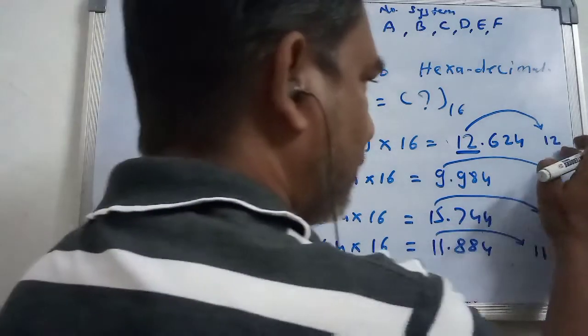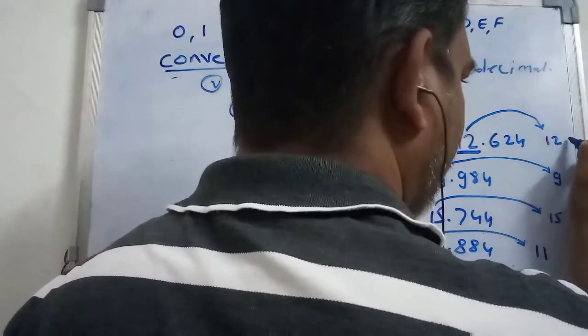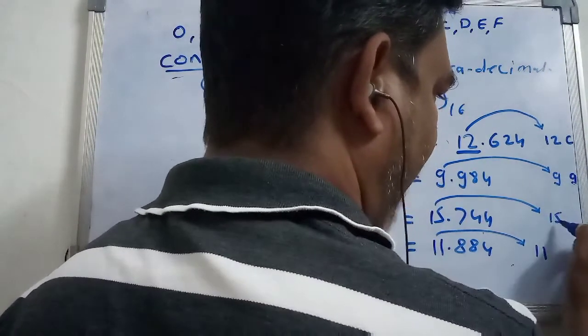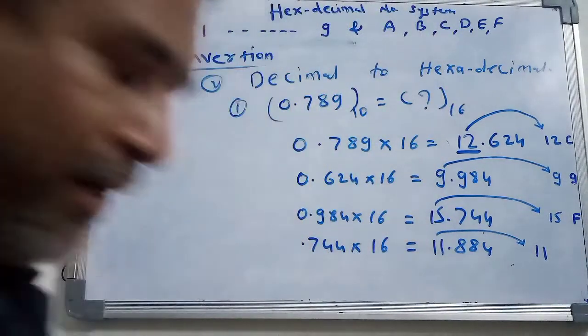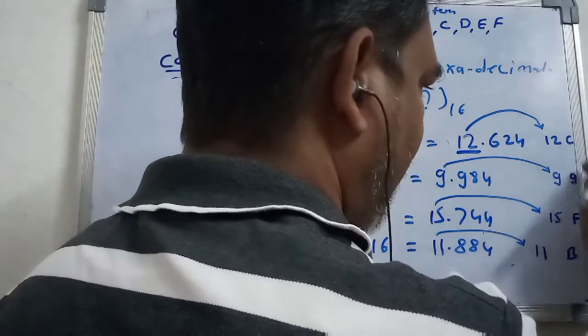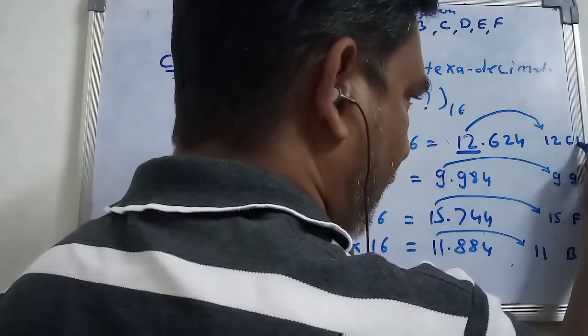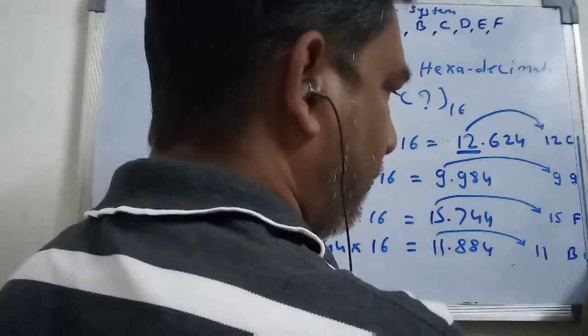Now this 12 in hexadecimal is considered as C. The 9 is 9, 15 is F, and 11 is B. So C9FB.